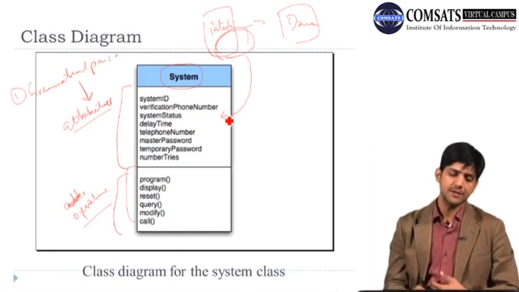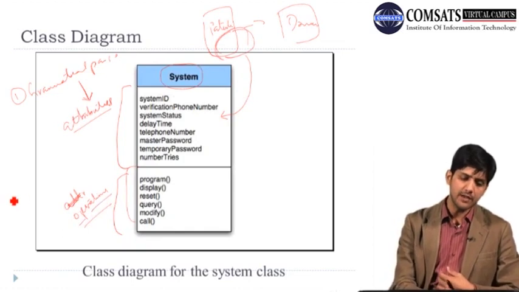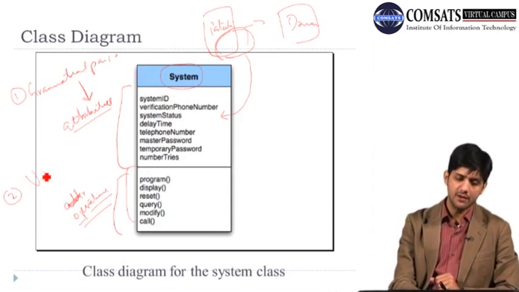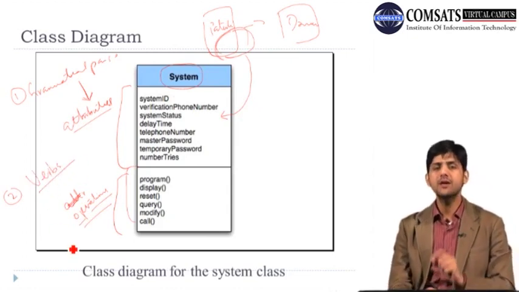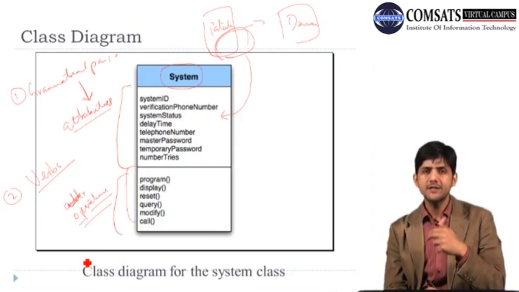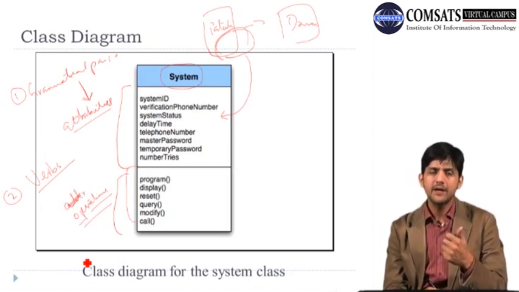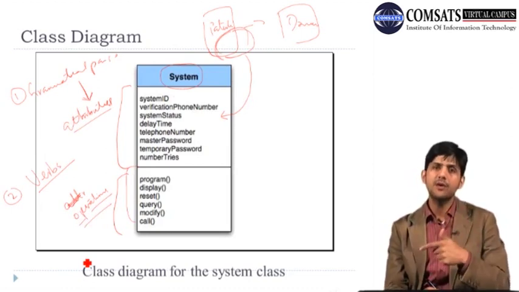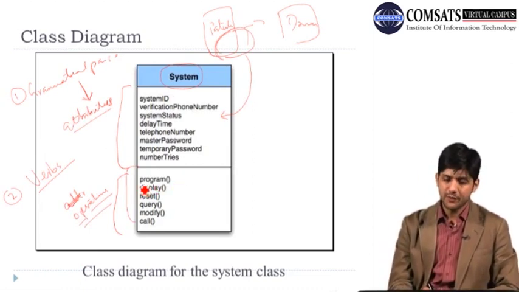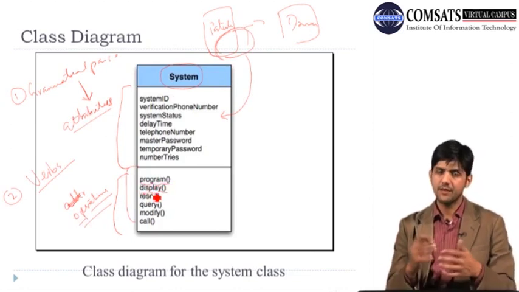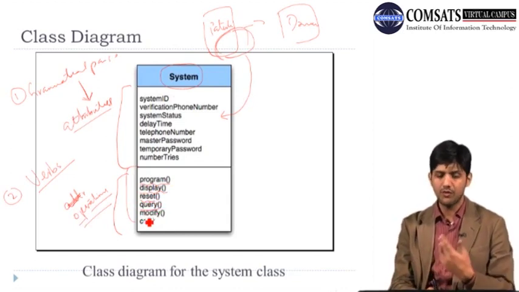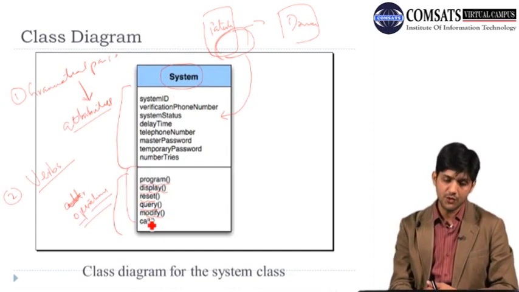Then how do we identify operations? To identify operations, we need to do a grammatical parse, and the purpose of this grammatical parse is to identify verbs. So we try to identify all the action words, because all these action words mean that some action would be taken, and those actions are basically on the attributes of these classes. So for example, in this particular case, programming means that you're programming the system, displaying means that some information is displayed on the panel, then you reset the system, you have a certain query, you want to modify your master password and maybe other information, or you want to make a call.